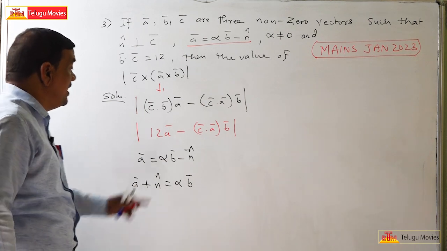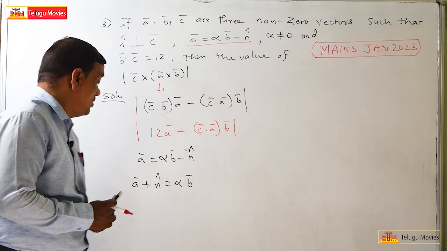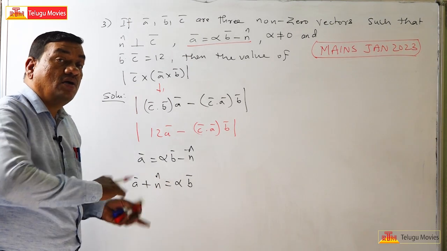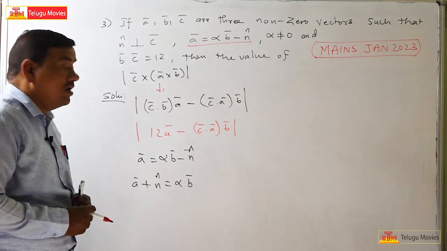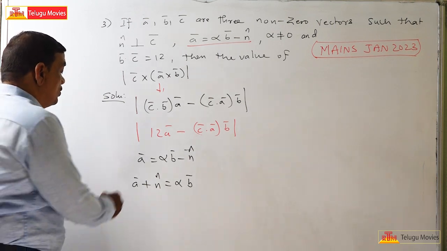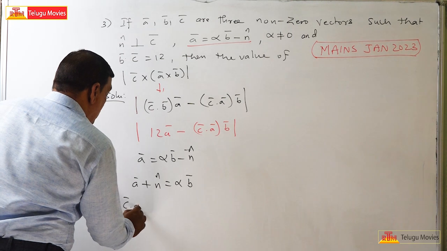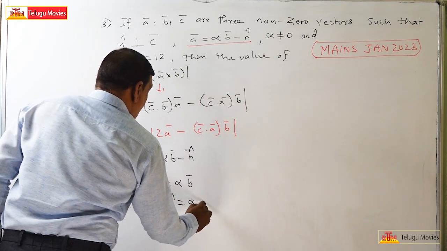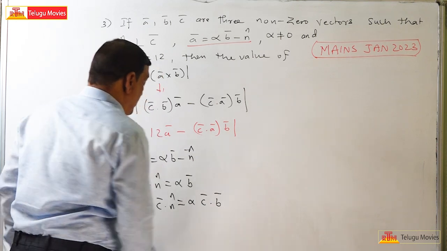Now our aim is to find out C bar dot A bar. Then what shall we do? To get this C bar dot A bar, let us do the dot product with C bar. So this is equal to C bar dot A bar plus C bar dot n cap is equal to alpha into C bar dot B bar.